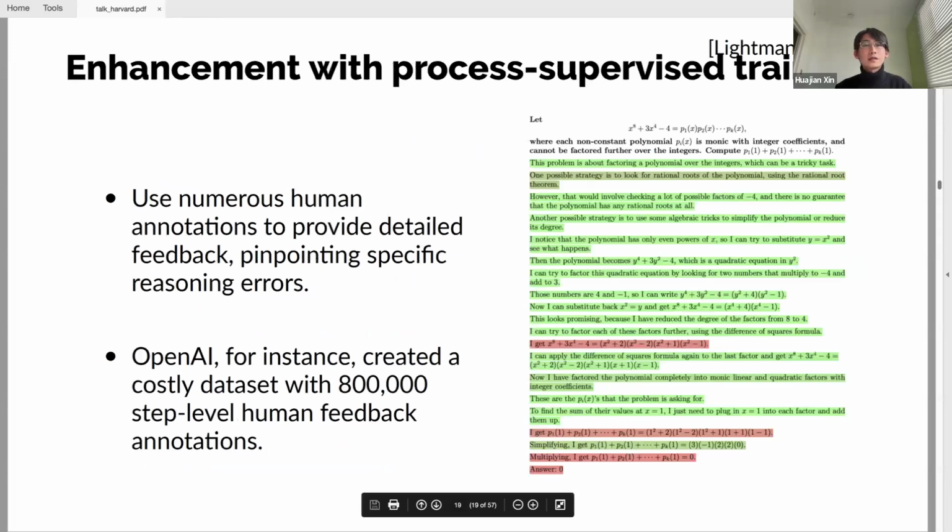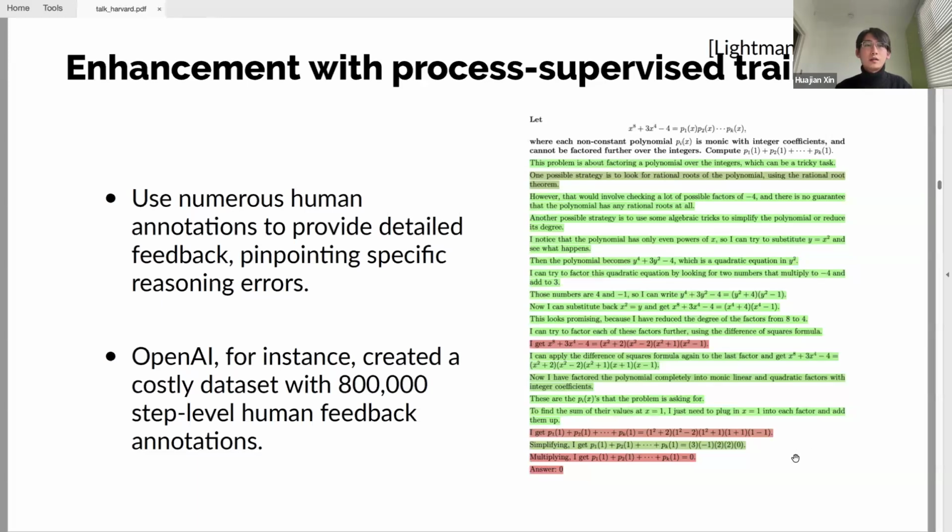And to address that, OpenAI and DeepMind have explored process supervised training with human annotations to identify reasoning errors in the training data. But this is human labor intensive.